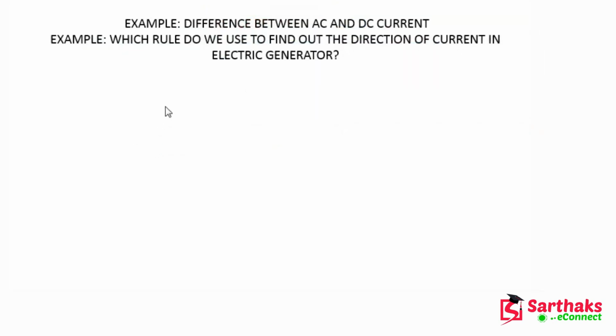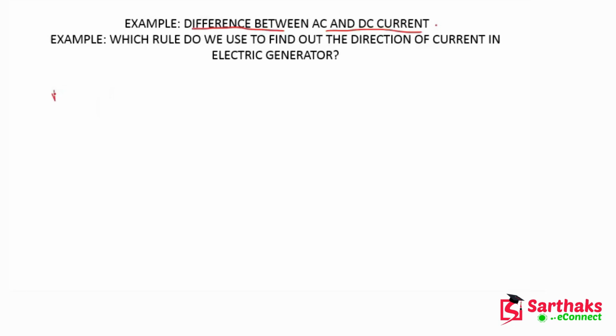Okay guys, in this slide we will discuss some examples of AC and DC currents, and we will also see which rule we use to find out the direction of current in an electrical generator. Let's read the first question. What is the difference between AC and DC current? This question is asked very frequently, so you have to be very clear at this point.